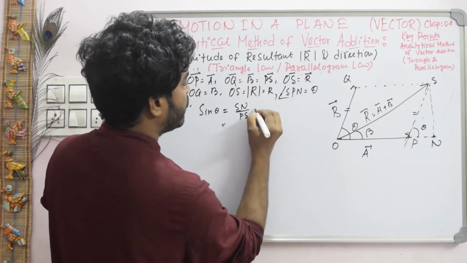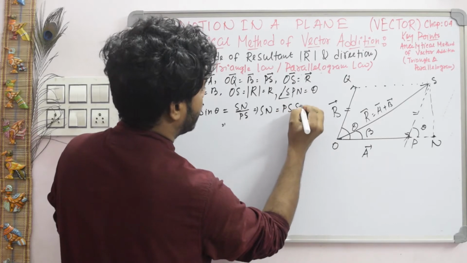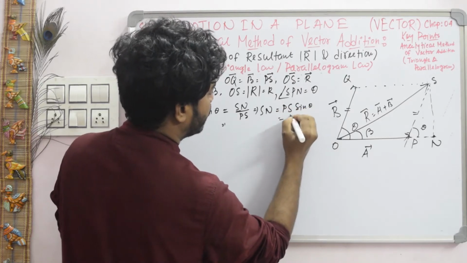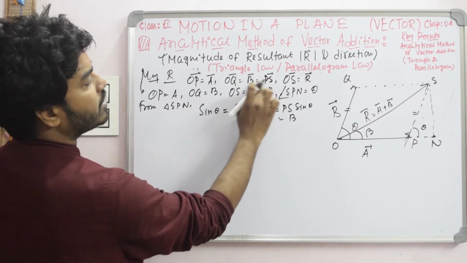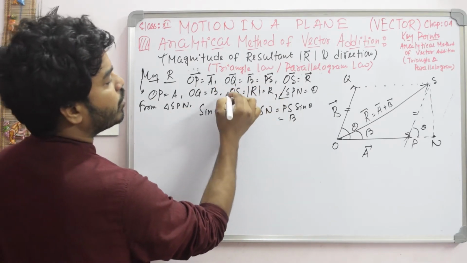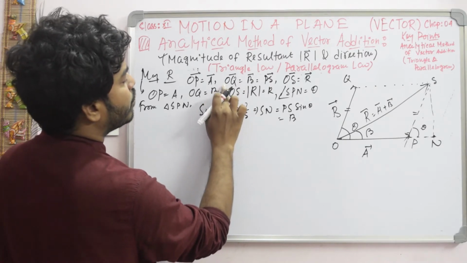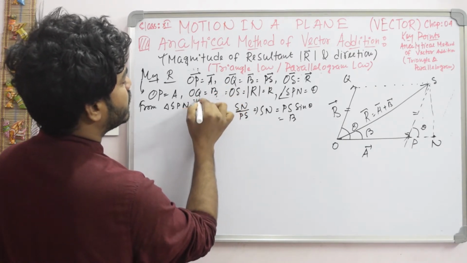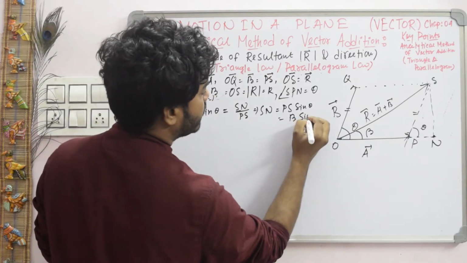So from here SN is equal to PS sin theta. What is the value of PS? PS represents B, so this one is B sin theta.